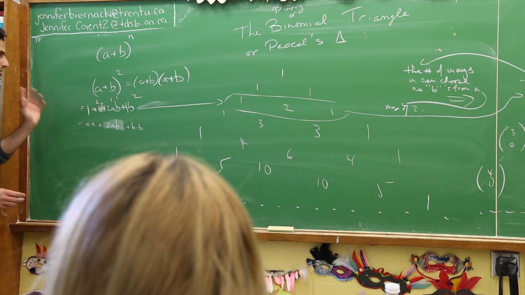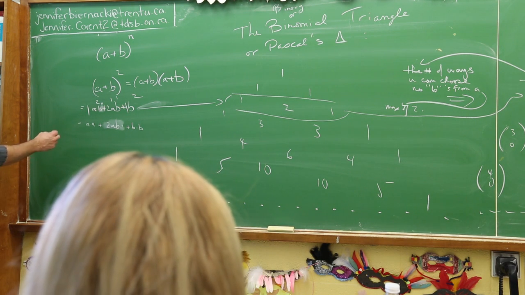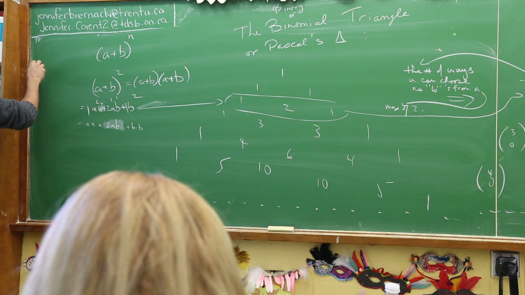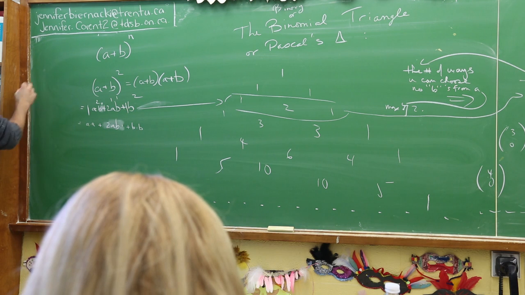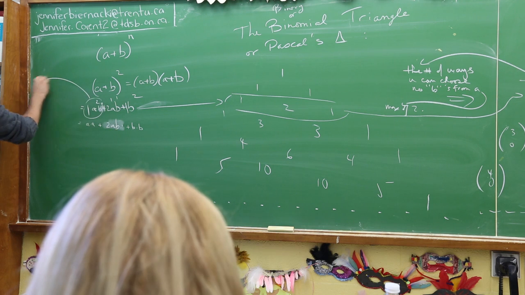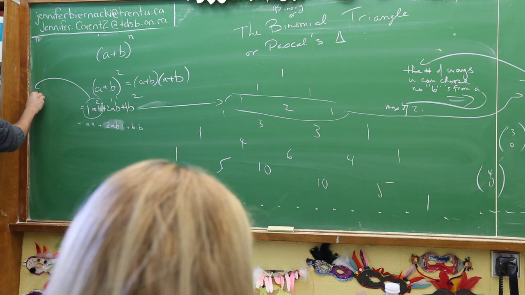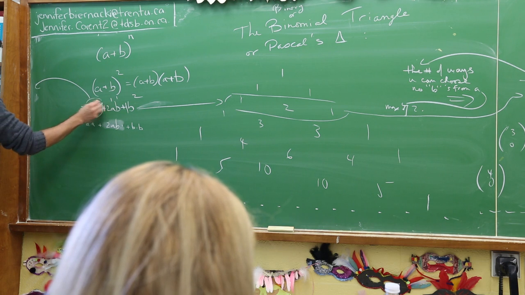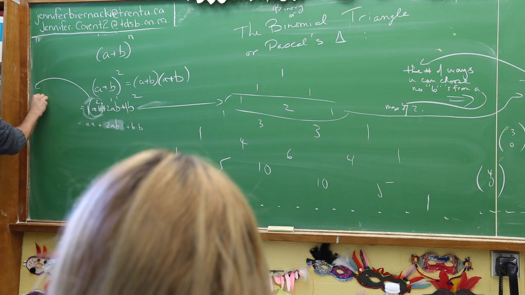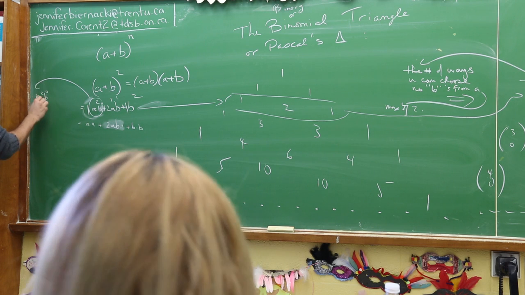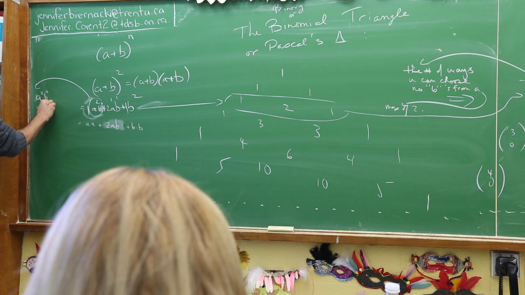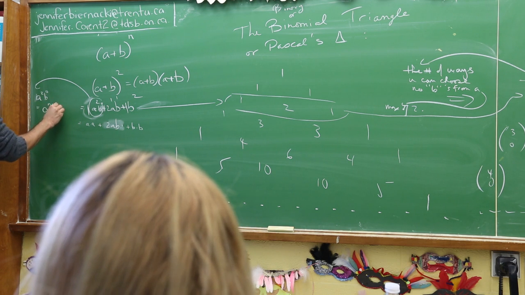Okay? Now here's the thing. If we were to write this down in a general sense, we have a to the 2, b to the 0, which can be thought of as a to the n minus r, b to the r.